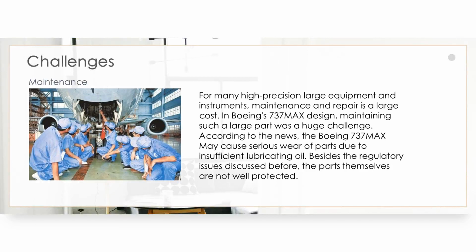In Boeing 737 MAX design, maintaining such a large part was a huge challenge. According to the news, the Boeing 737 MAX may cause serious wear of the parts due to insufficient lubricating oil. Besides the regulatory issues discussed before, the parts themselves are not well protected.